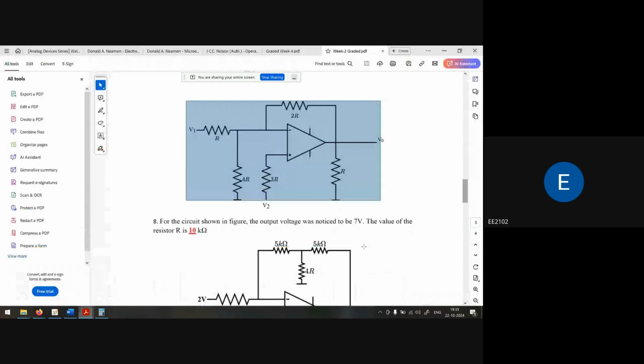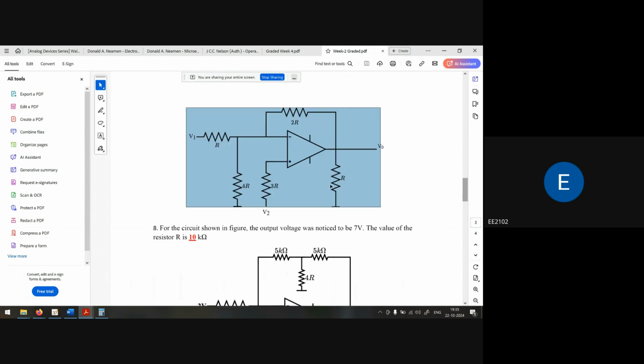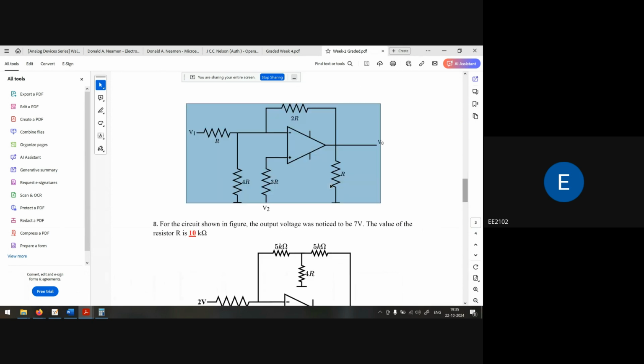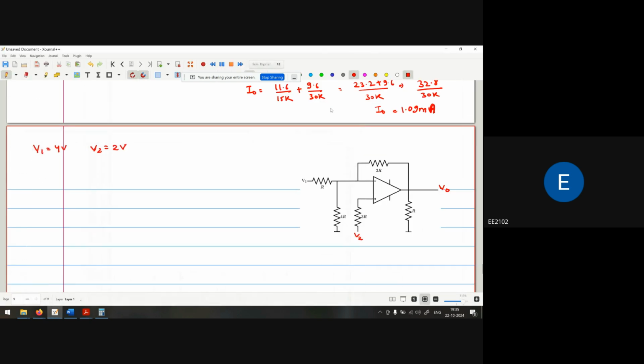I think this is the question where we are not having the value right now. I noticed the 1 milliampere answer.